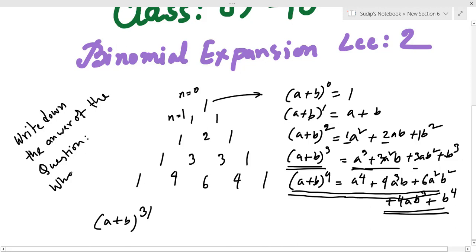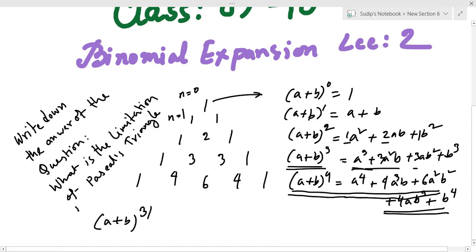What is the limitation of Pascal's triangle in binomial expansion? For binomial expansion, Pascal's triangle has some limitations. What are the limitations? So write down the limitation of Pascal's triangle.